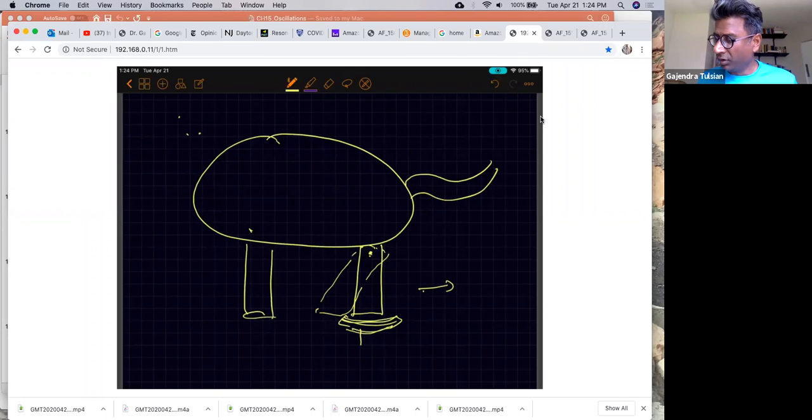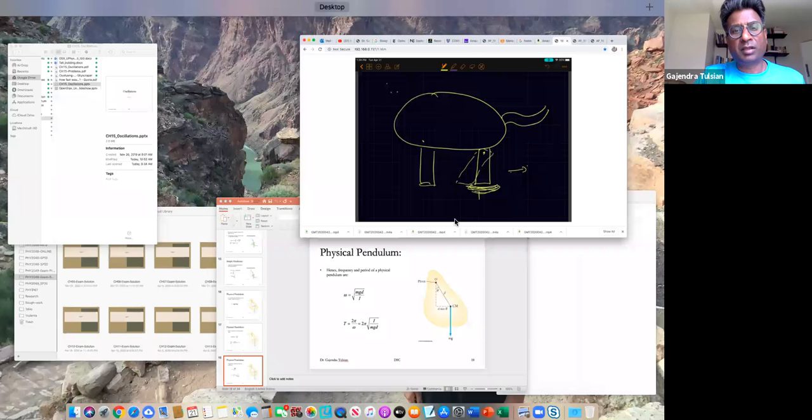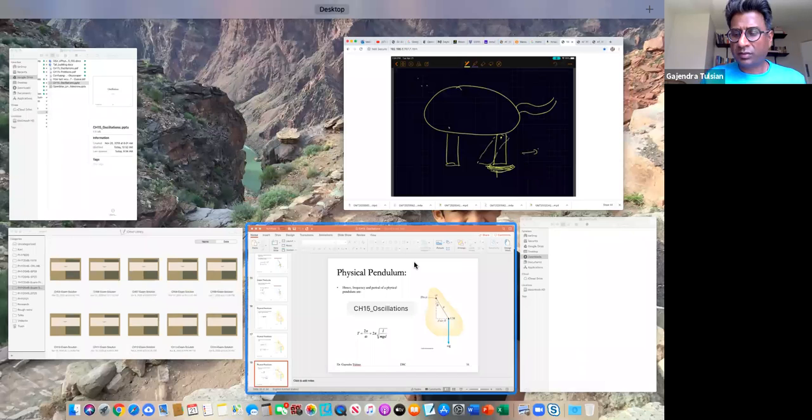Half a period gives you one step, and that's the rate at which the elephant walks. That's the least energy that you would use when you walk at that gait, and the biological world utilizes that. Anyway, so there's a physical pendulum.